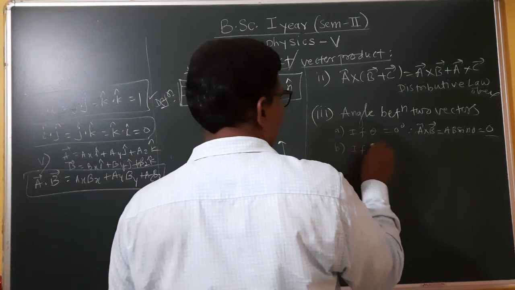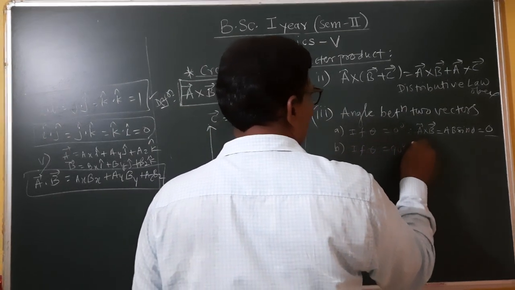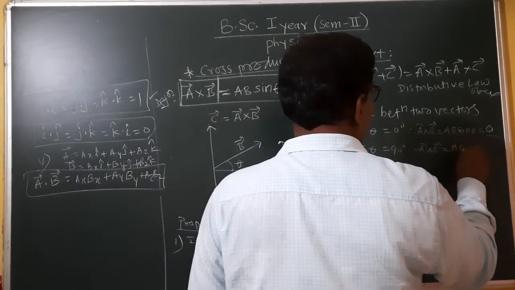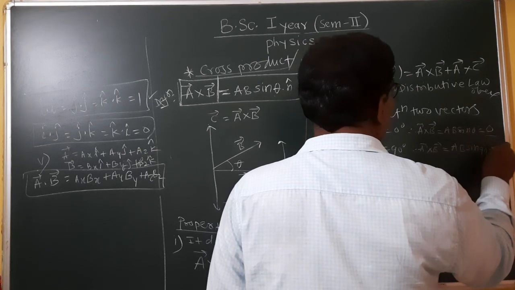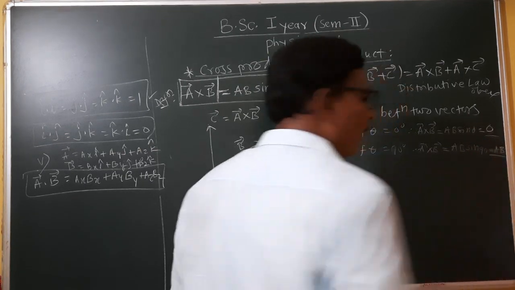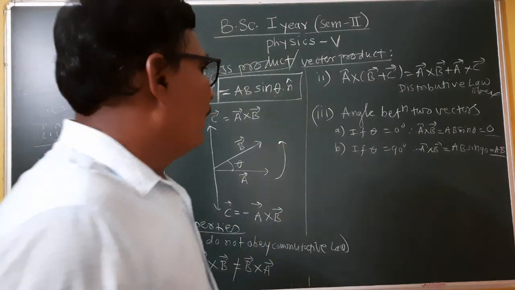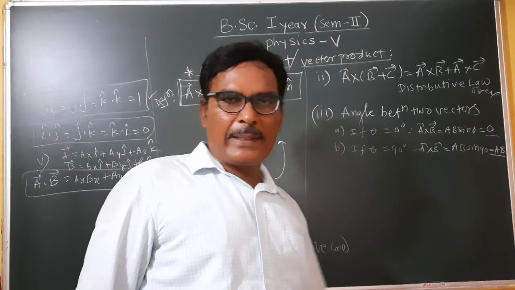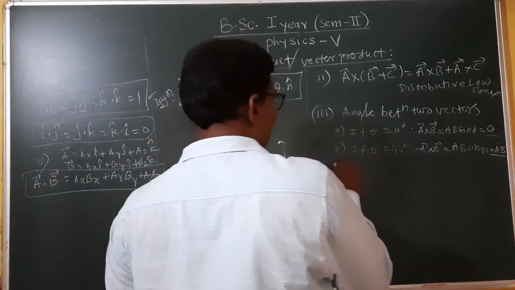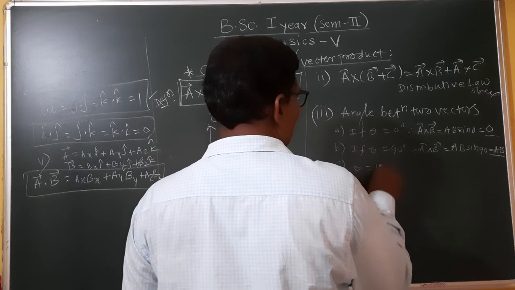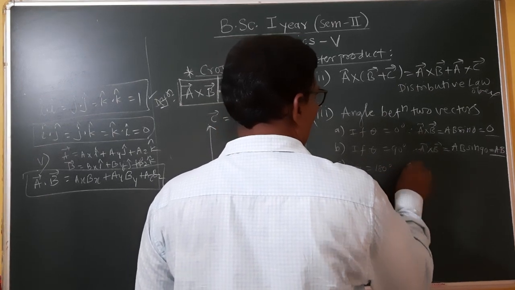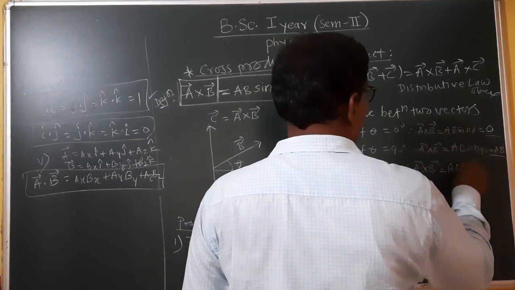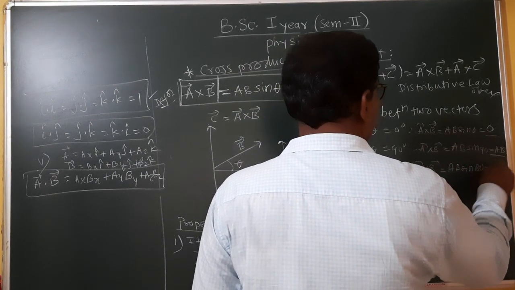And if theta is equal to 90, A bar cross B bar is AB sine of 90, sine 90 is 1, and that is equal to AB. If two vectors are perpendicular to each other, their vector product is the product of magnitude of two vectors. And if they are antiparallel to each other, theta is equal to 180 degrees. So A bar cross B bar is equal to AB sine of 180, and it gets 0.